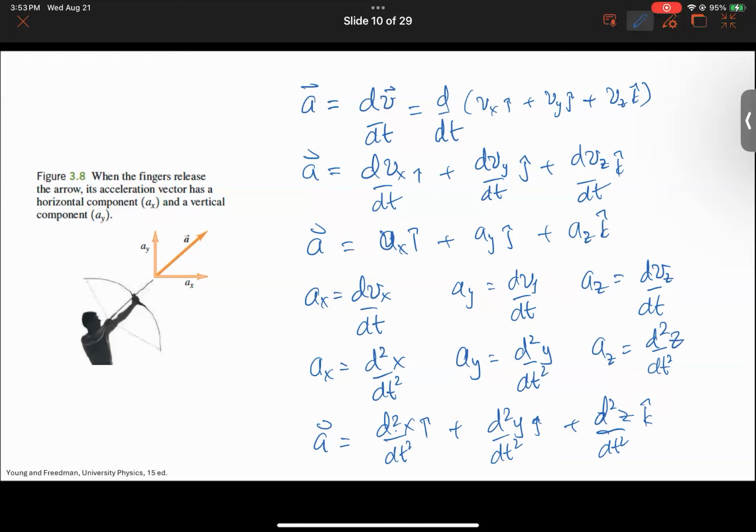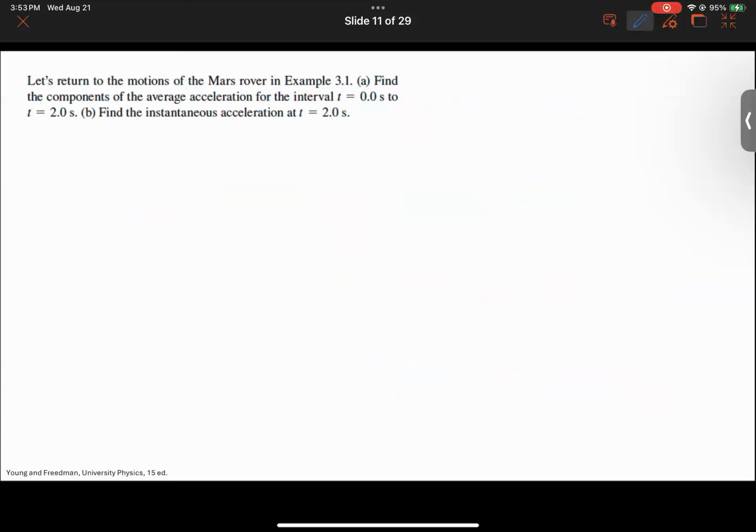Okay, as an example, we continue with the example on the rover, di ba? The Mars rover specifically. Okay, so ang pinapahanap dito is the components of the average acceleration for the interval t equals 0.0 seconds to t equals 2 seconds, and find the instantaneous acceleration at t equals 2 seconds.